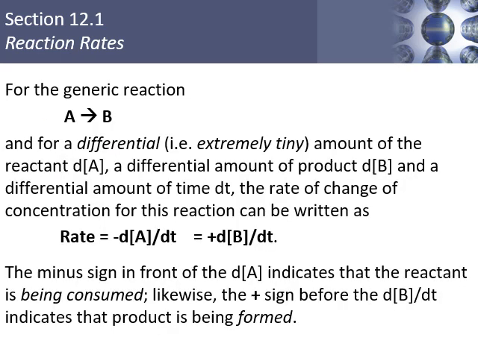So for this reaction, we could write that the rate equals the rate of disappearance of A over the time. In other words, we could write it as the change in the concentration of A over the change in time. That would be the rate. So we could write it as delta A, or delta concentration of A, over change in time.